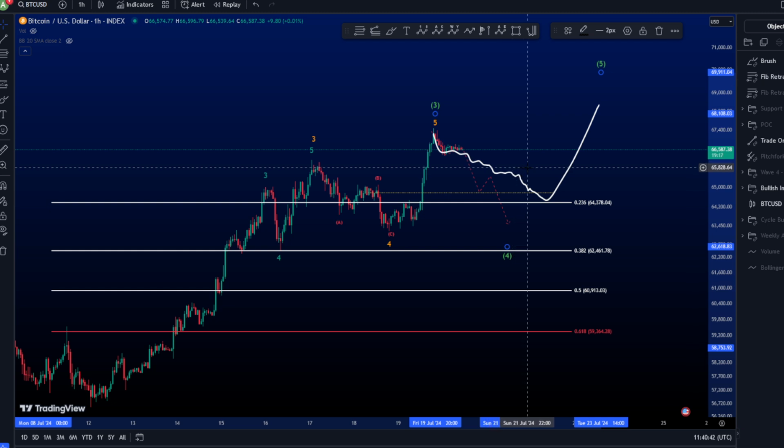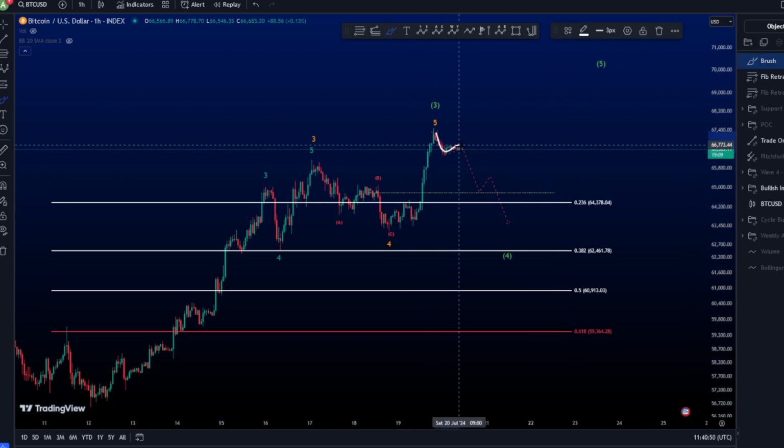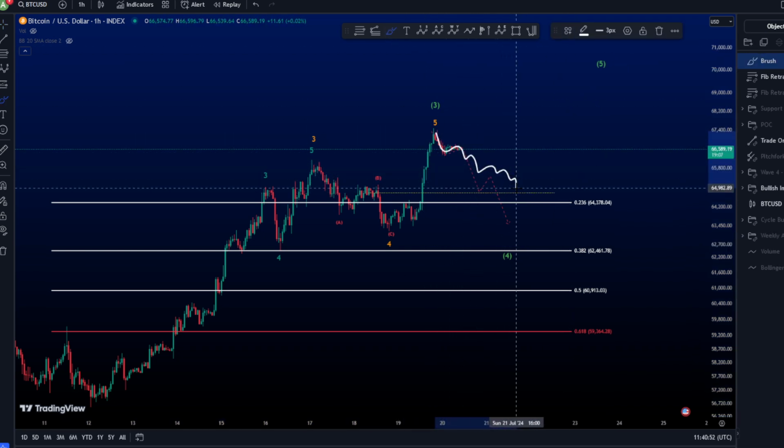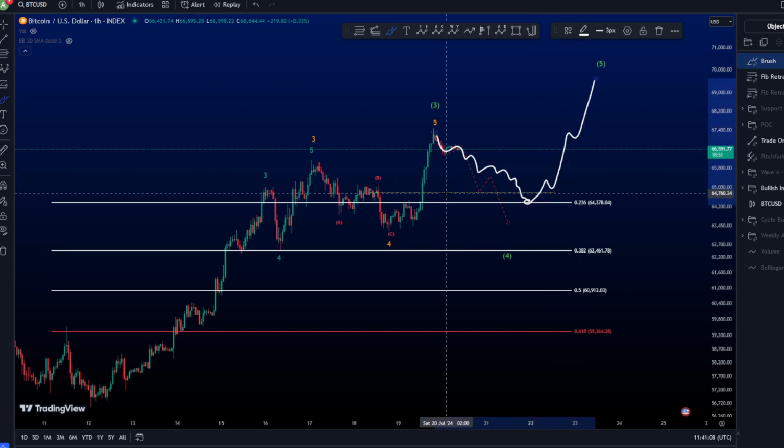I'm just trying to say Sunday midnight. Yeah, that is very possible that the whole weekend goes and grinds very slowly, because normally the weekends are very slow and boring. Touch here the 0.236, and after midnight on a Sunday, meaning Monday morning, things start to get explosive again.